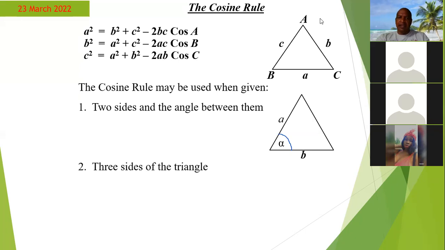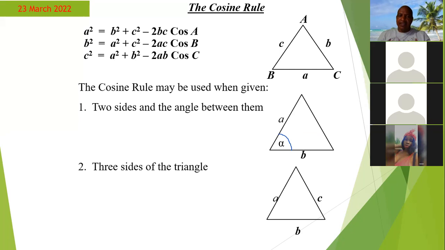The next condition is that if you are given all 3 sides, with no angle, you can also use the cosine rule. So the conditions for the cosine rule are: given two sides and the angle between them, or given all three sides. If you can remember these conditions, then once you see them, you will know to use the cosine rule. Is that clear to everyone?